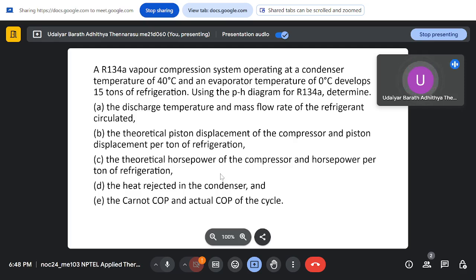Using the pH diagram for R134A, determine A, the discharge temperature and mass flow rate of the refrigerant circulated, B, the theoretical piston displacement of the compressor and piston displacement per ton of refrigeration, C, the theoretical horsepower of the compressor and horsepower per ton of refrigeration, D, the heat rejected in the condenser, and E, the Carnot COP, the actual COP of the cycle.